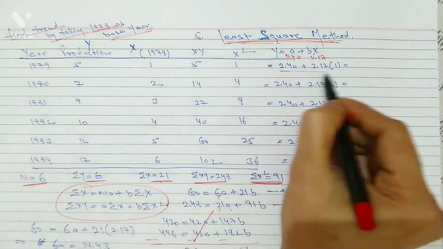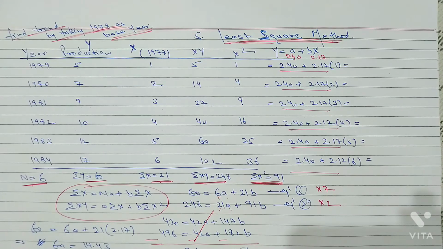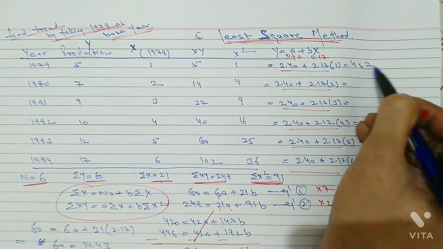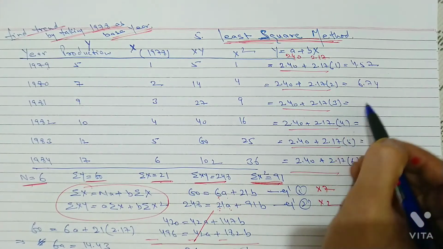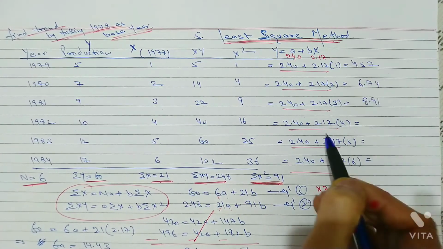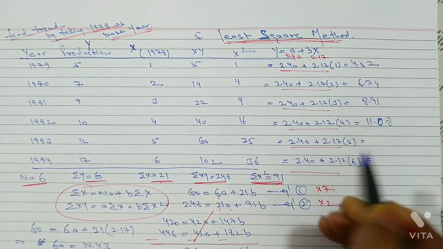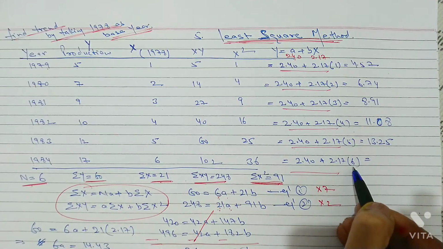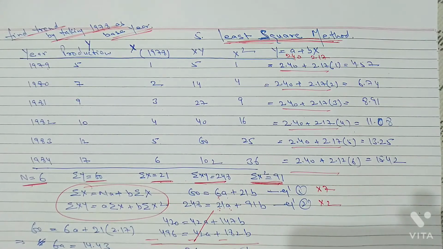By calculating these equations, we get for the first 4.57, for this 6.74, for this 8.91, for this 11.08, for this 13.25, for this 15.42.